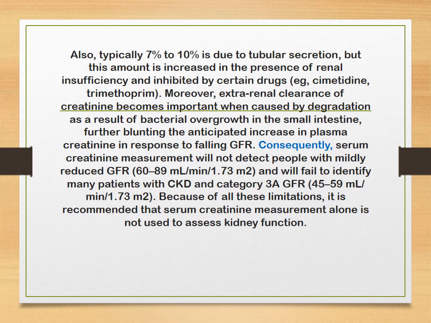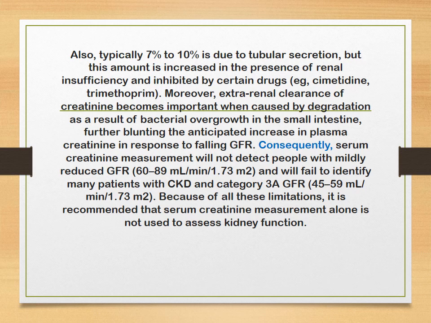Also, as mentioned, 7 to 10% of creatinine is secreted by the renal tubules, and this amount will overestimate the glomerular filtration rate when compared with inulin. In addition, when there is overgrowth of bacteria in the small intestine, the clearance of creatinine is also affected, which further affects the value of GFR.